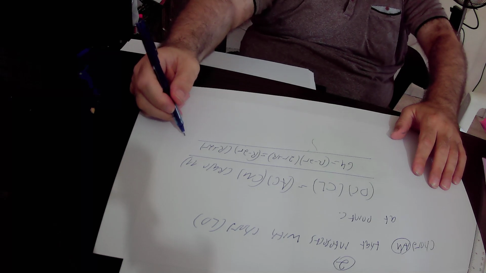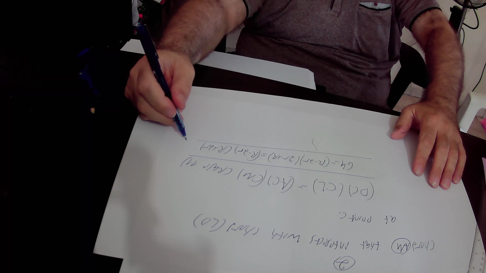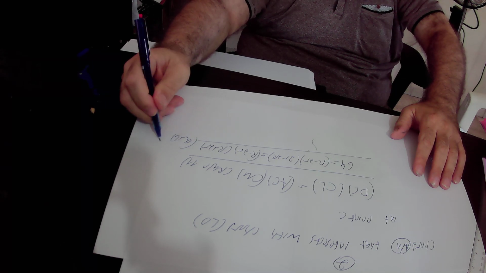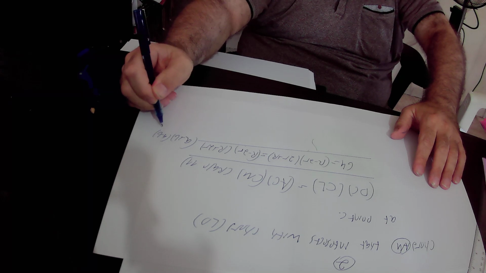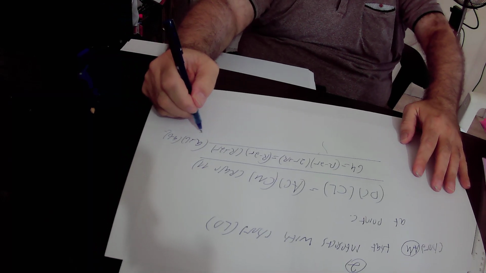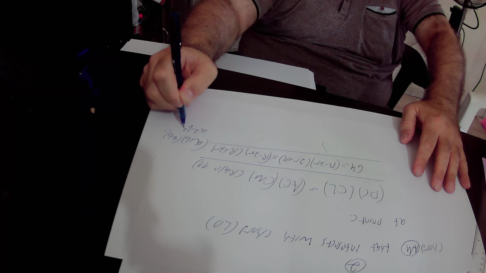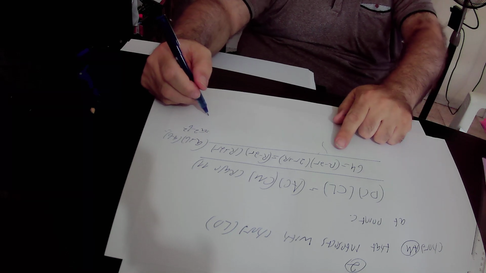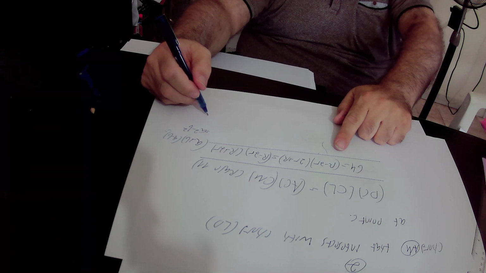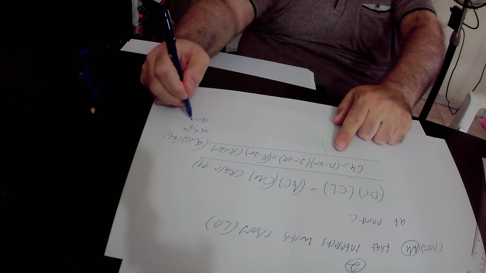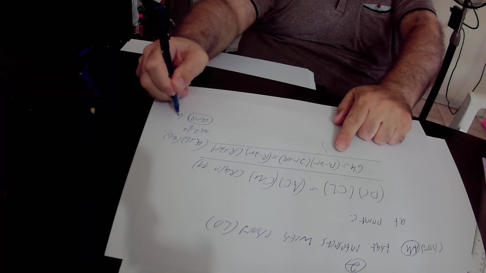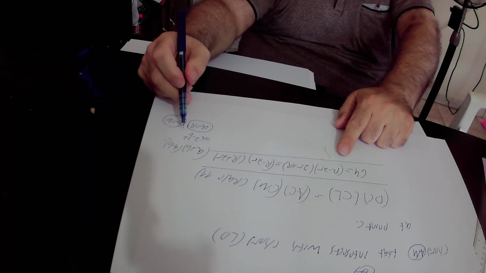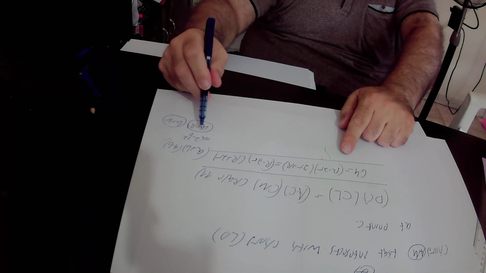Here we use the algebraic identity that A plus B times A minus B equals A squared minus B squared. In our specific equation, A equals capital R and B equals 2R.